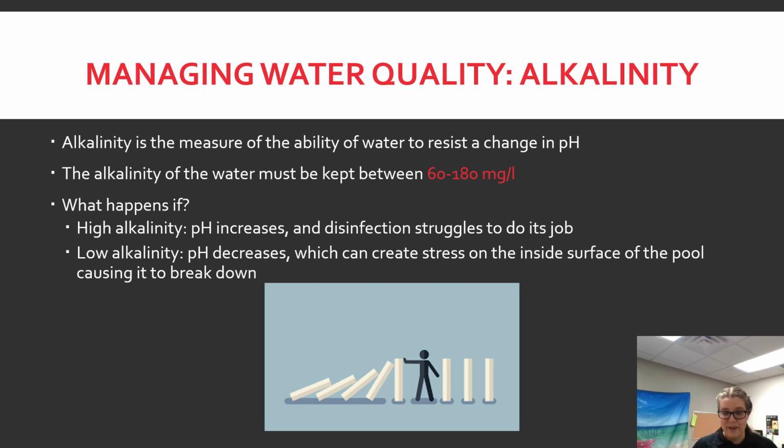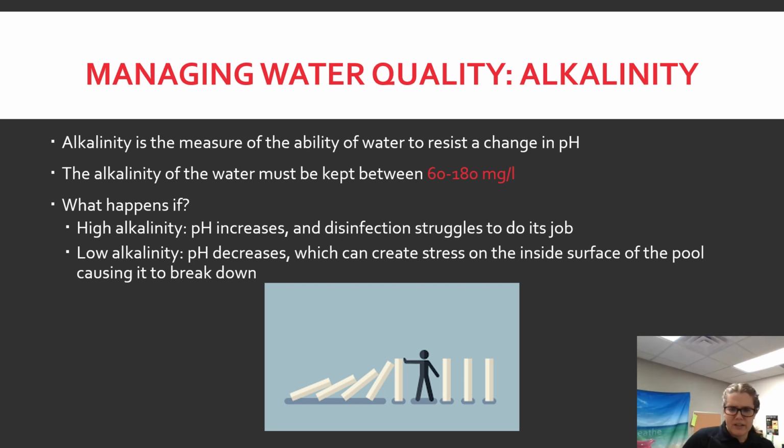Alkalinity must be kept between 60 and 180 milligrams per liter. Now, just so you know, milligrams per liter is another way to say parts per million. So don't get tripped up by that unit. So what happens if alkalinity is too high? Well, it causes your pH to increase. Now we have an environment that your chlorine or bromine doesn't like to function in, and so then it struggles to do its job.